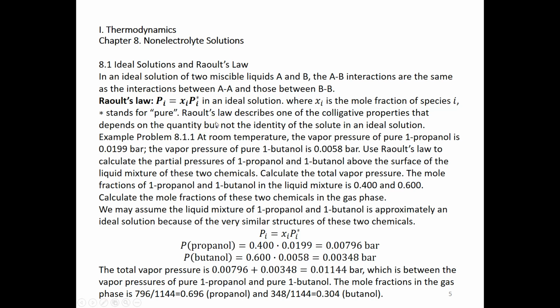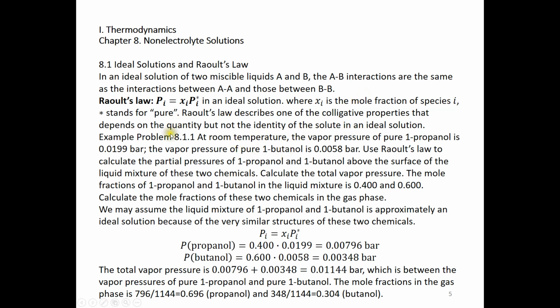Raoult's law is actually one of the colligative properties that depend on the quantity but not the identity of the solute in the ideal solution. As long as this solute satisfies this statement, we do not really care about the identity of the solute.